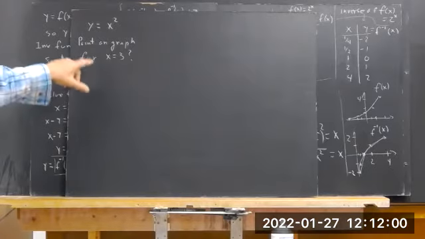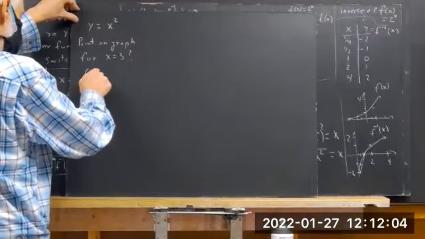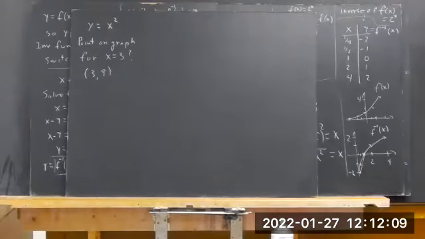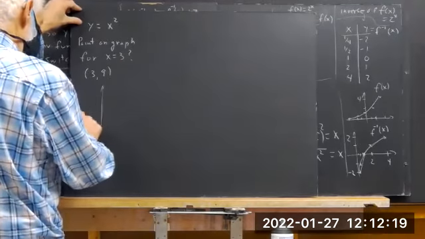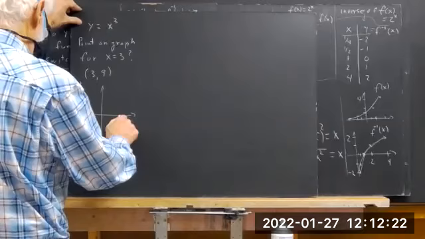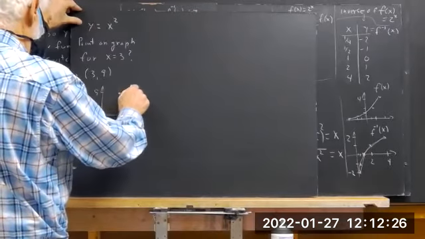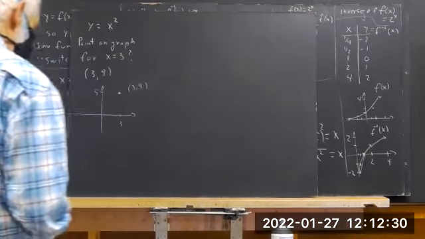The point on the graph where x equals 3 is (3, 9). My scale isn't real good, but here's the point, (3, 9).